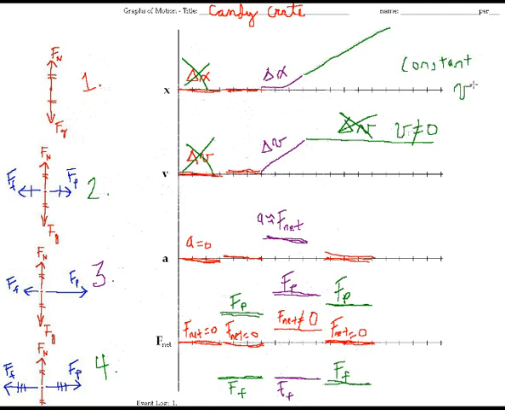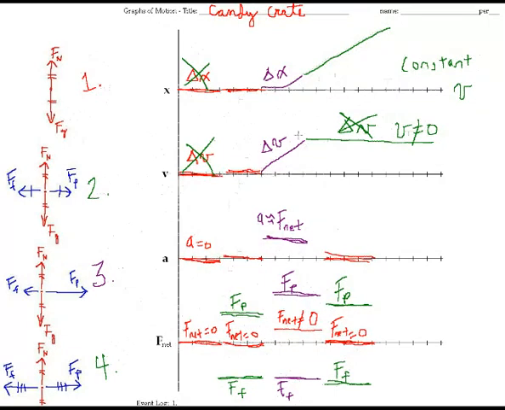So we have all 4 scenarios. We have constant velocity, not moving, no force. We have constant velocity with a force, but not enough to budge us. We have constant acceleration, where our force is greater than our force of friction, and so we get an acceleration.